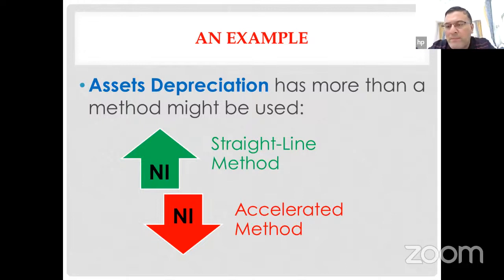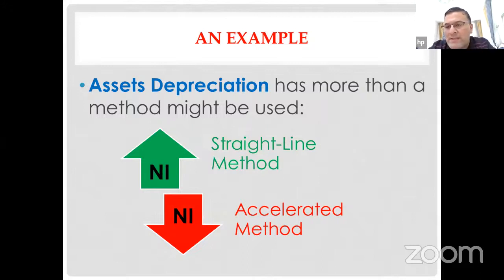But we need to understand what is the economic consequences of each method of this transaction. If the management of a company chooses the straight line method, what is its economic consequence? The economic consequence is that this method will lead to increase the net income of the company.